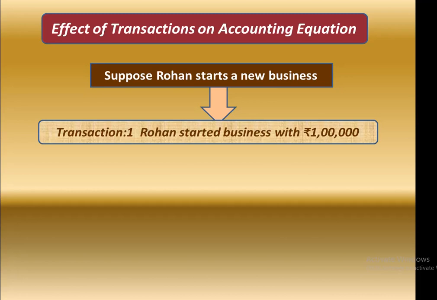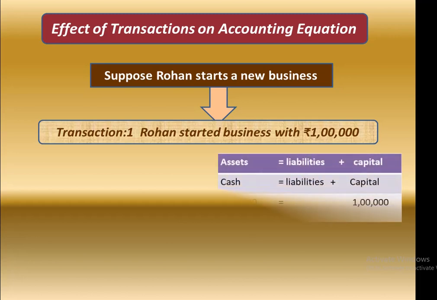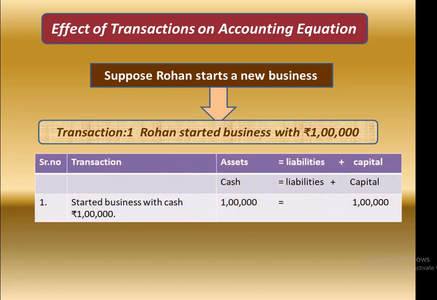It has its effect on cash as well as capital. So, here is the recording of transaction: cash has been increased by 1 lakh and similarly on the right hand side capital with rupees 1 lakh.